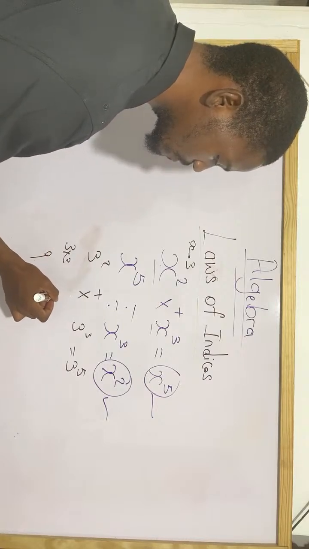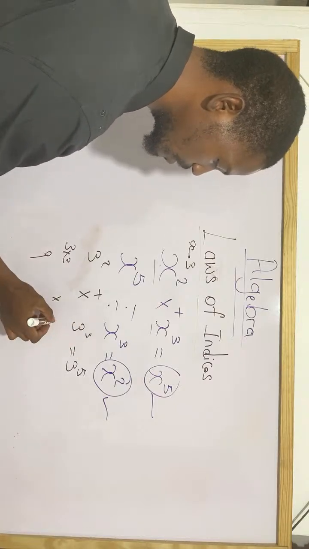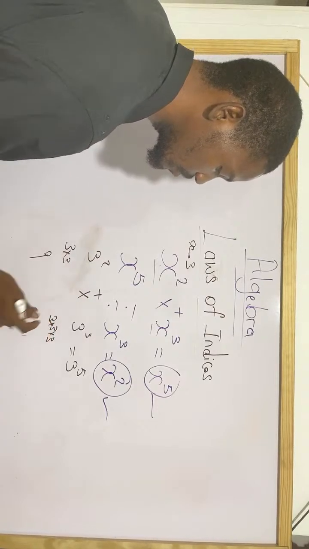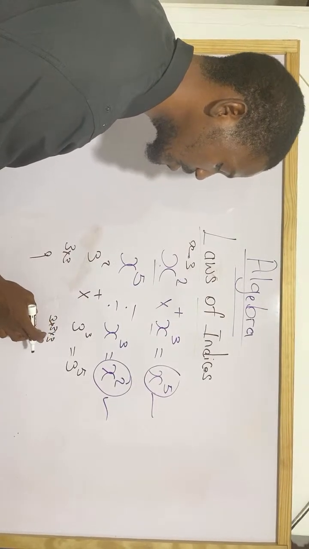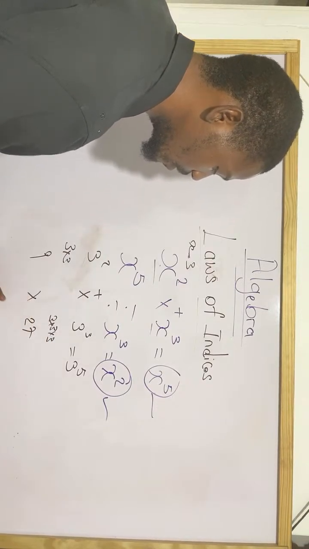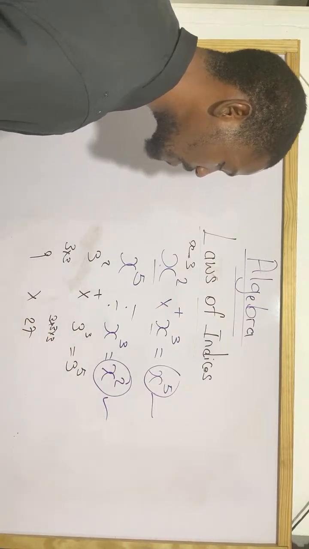We also have times 3 cubed, which really means 3 multiplied by 3, which is 9, and 9 times 3 is 27. Now, if we were to multiply these, it will actually give us 3 to the power of 5.